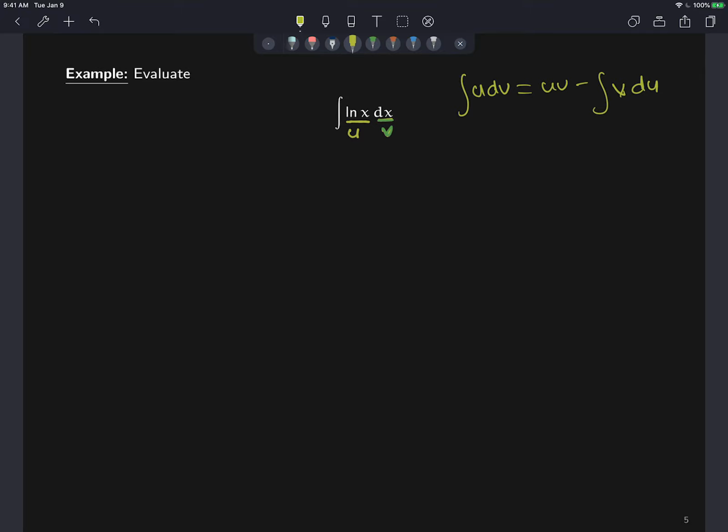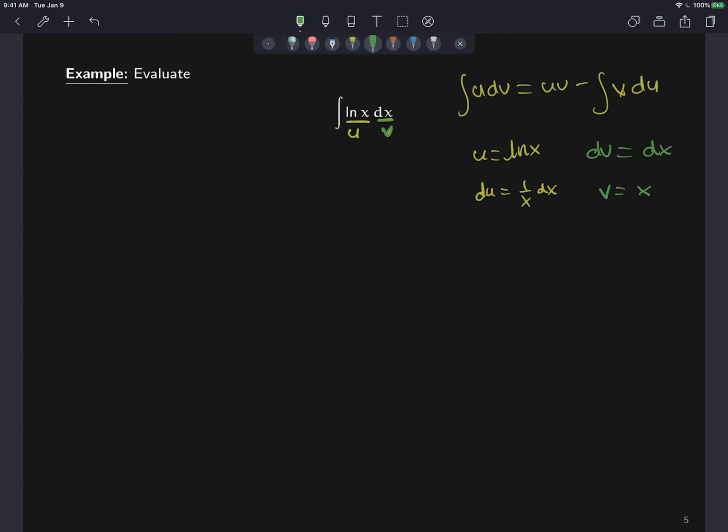So if I do u is the natural log of x and dv is dx, then my du is 1 over x dx, and my v is just x. Right, the derivative of x would be 1 times dx.